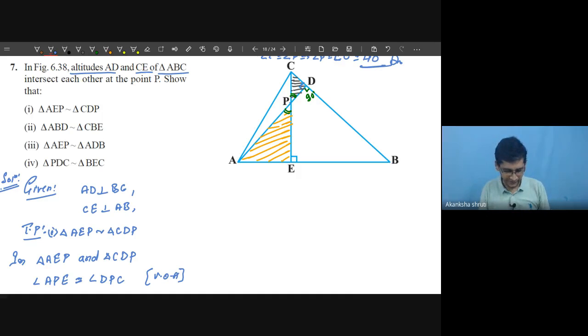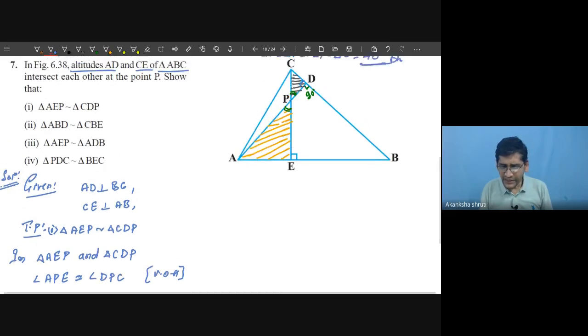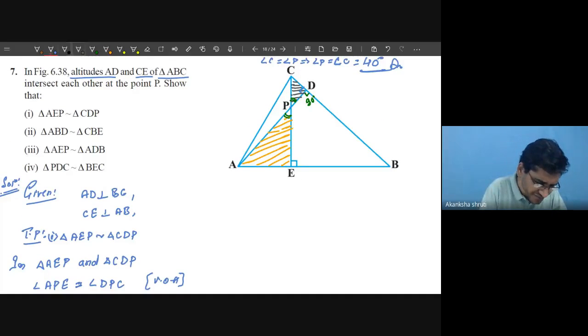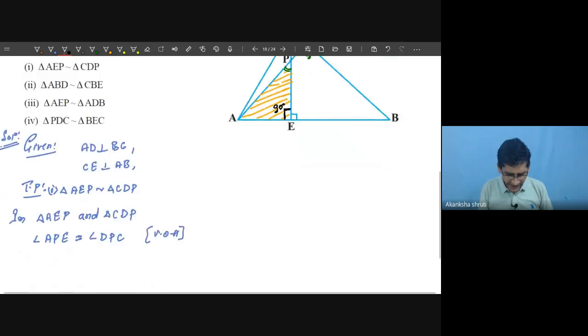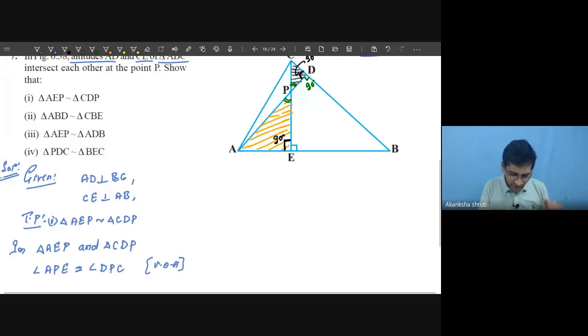Okay, it is one thing. Now the other thing here, we are observing that the given condition is they are the altitude. So altitude means the angle is 90 degree. So this angle is here 90 degree. And we had also written earlier that this angle is also 90 degree. So this condition can be written because each angle will be equal to 90 degree.